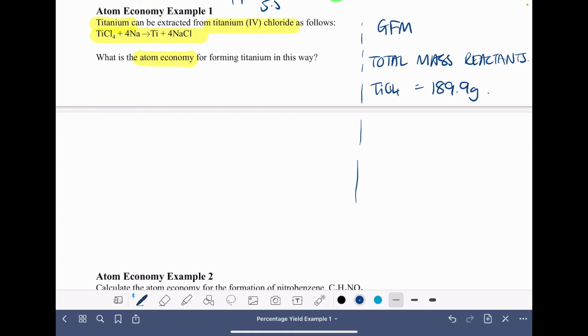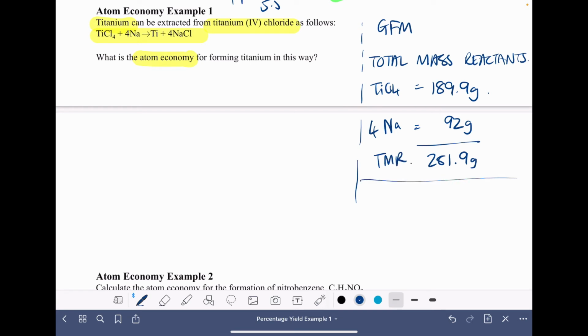Okay, now that reacts with 4 moles of sodium, and each sodium atom has a relative atomic mass of 23, so 23 times 4 is 92. Okay, so the total mass of reactants then is 281.9 grams. That's the total mass of reactants.